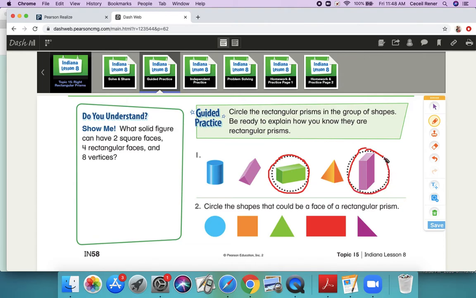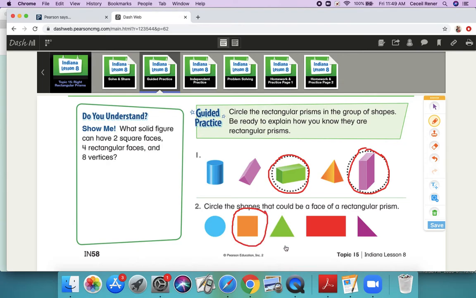Now it says circle the shapes that could be a face of a rectangular prism. Do you remember what 2 shapes are the faces of rectangular prisms? Are circles the face of a rectangular prism? No. Are squares? Yes, let's circle that because that's one of the faces.